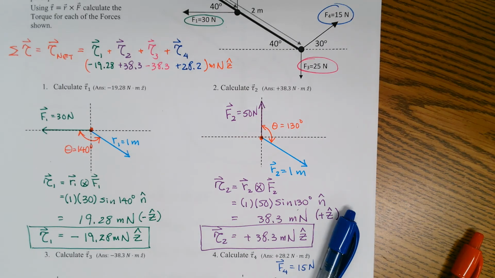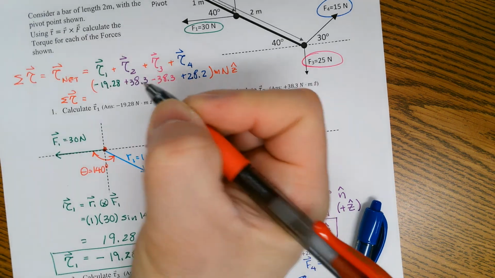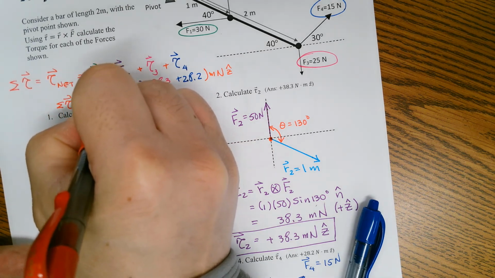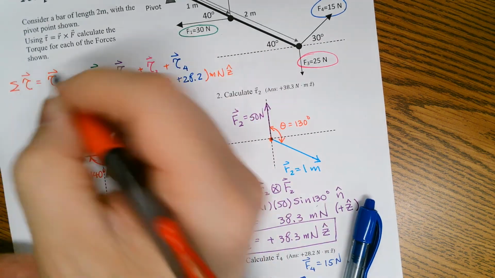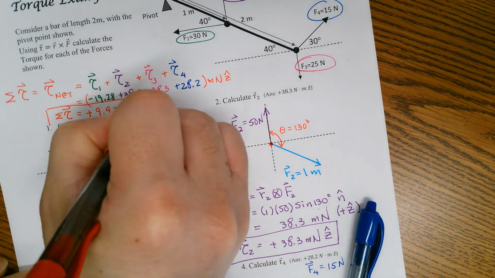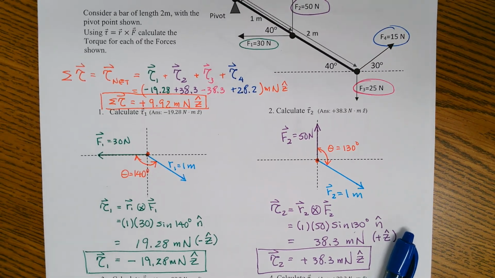If I add all these up, what do I get? My net torque is equal to positive 9.92 meter newtons z hat. So that's good to know.